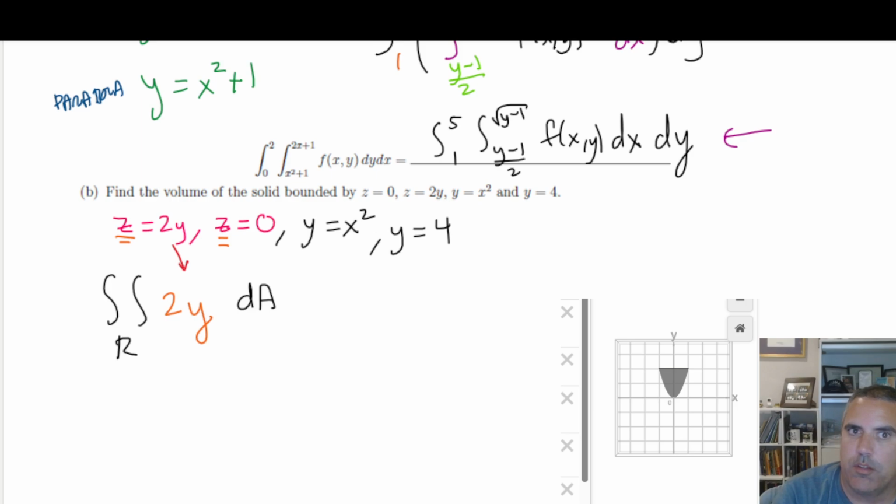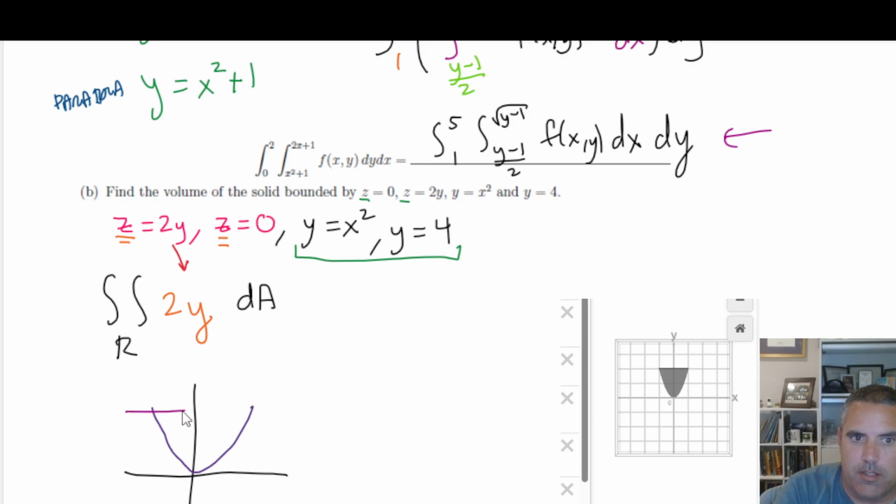It's like the shadow on the ground. But all you really need to do is graph these. I talked about how all you have to do is find the z's and then graph the bounds that bound x and y. Sometimes there's a little more work and a little bit of visualizing, but that was not true in this question. You graph this, you graph this.